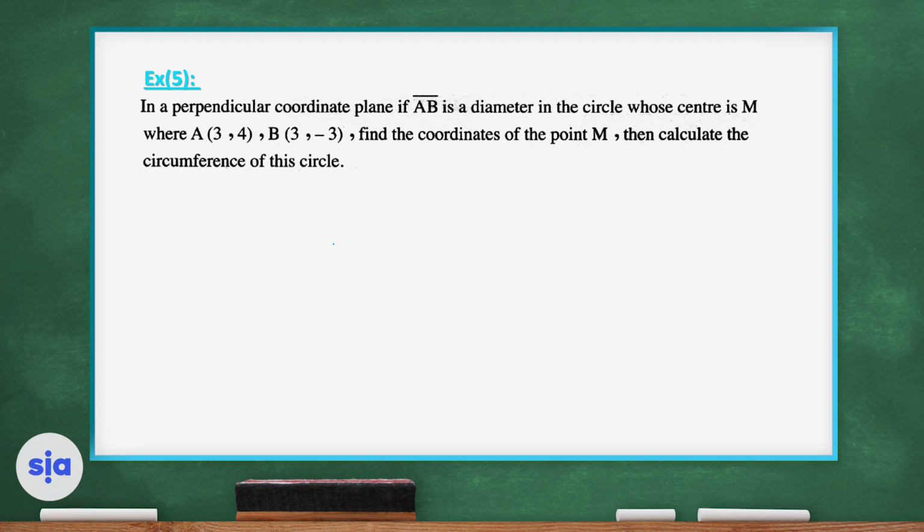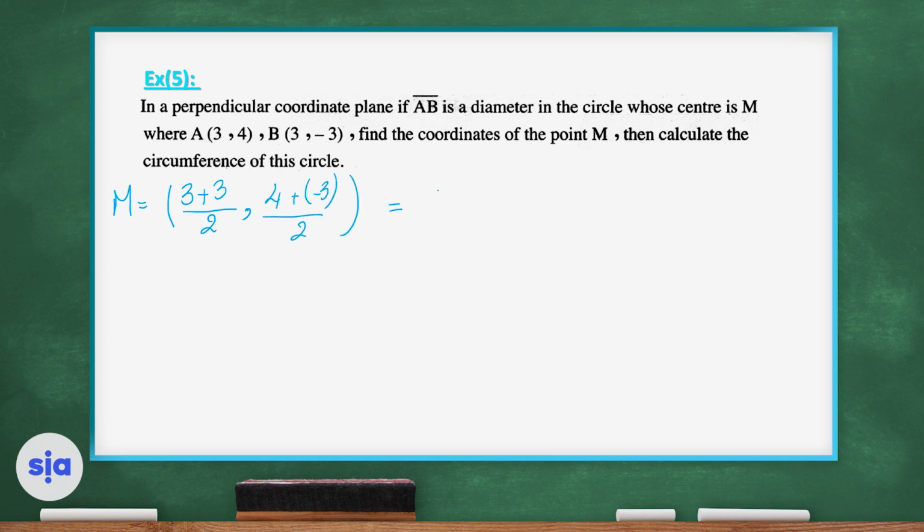For sure we know that if AB is a diameter and M is the center of this circle, so automatically M is the midpoint of A and B, because M is the bisecting point of AB. M will have coordinates, the x's plus each other over 2, and the y's plus each other over 2.